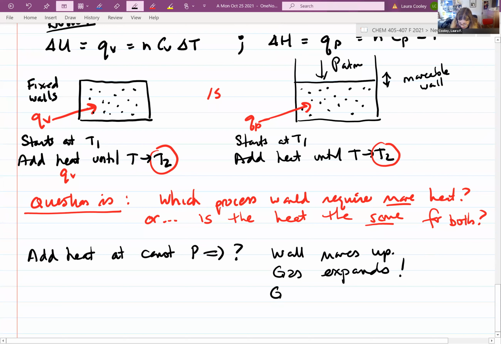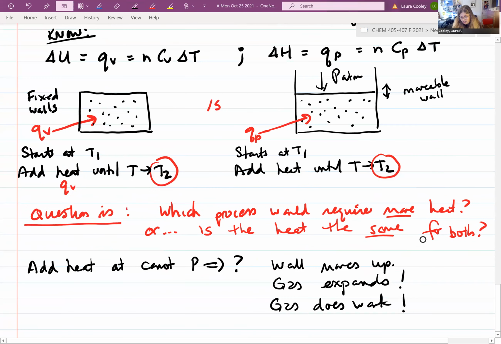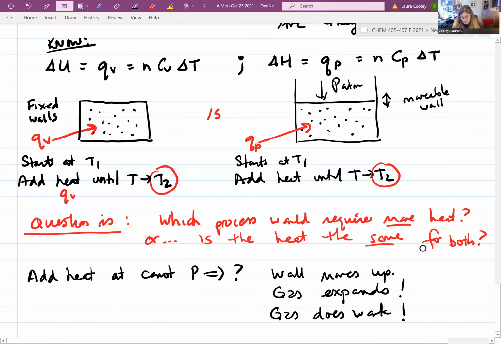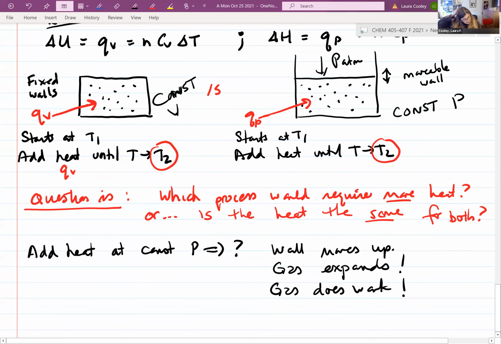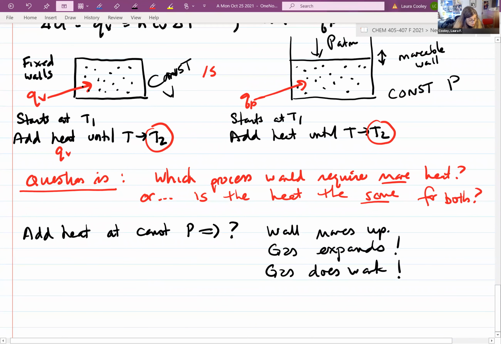So the gas does work. So to get the same temperature rise on the right, at constant pressure, versus the constant volume side, we'll have to add more heat because some of the energy from that heat is going into doing work.